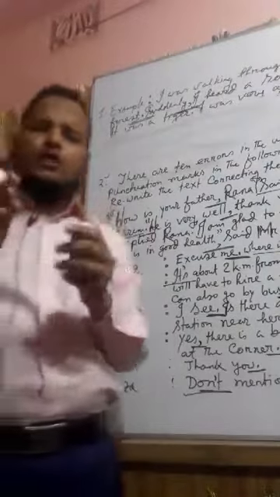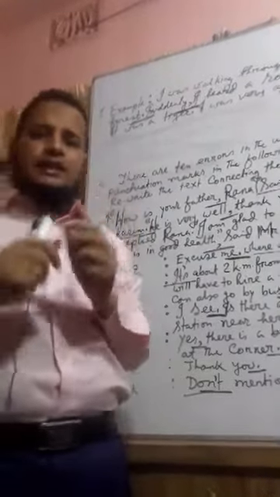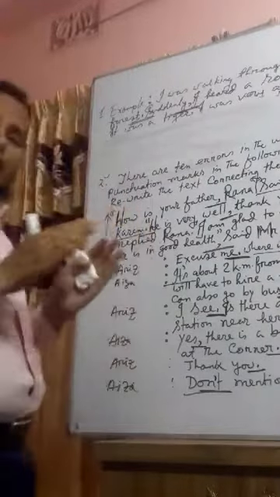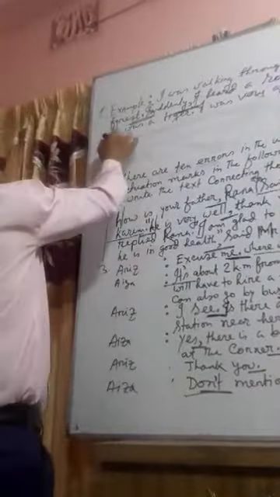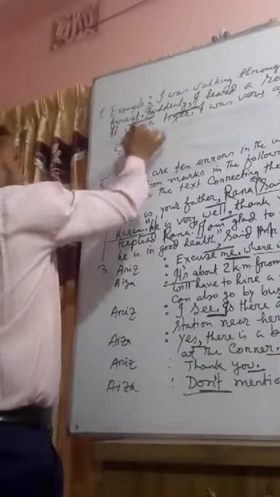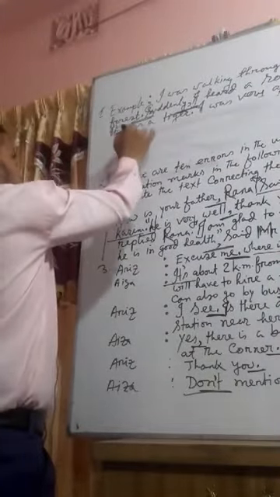There are some rules of using full stop, such as to write any abbreviation we have to use a full stop. Look at this, S, we have to use a full stop after every letter.